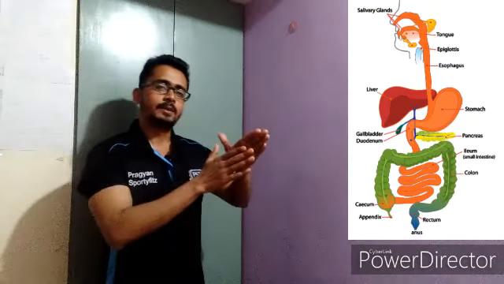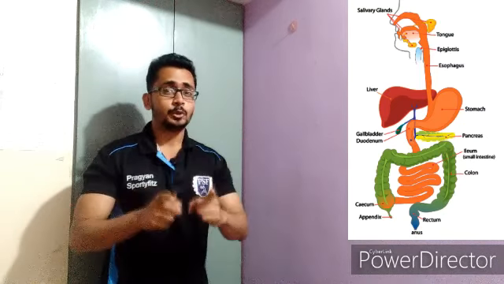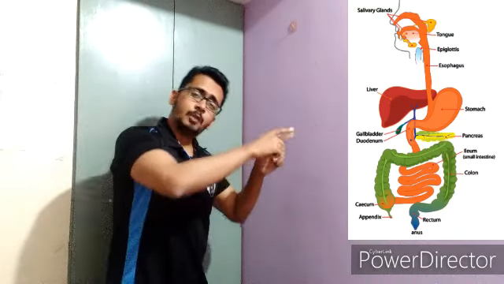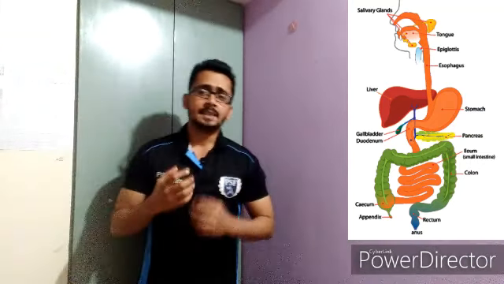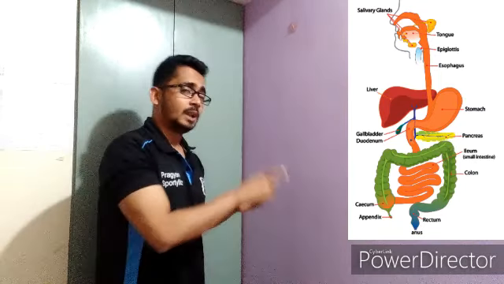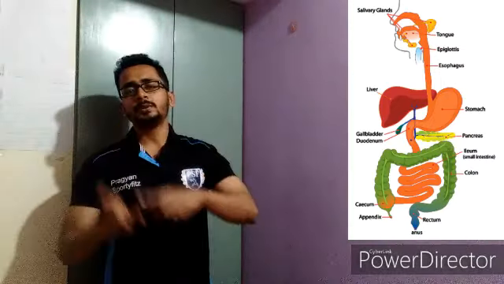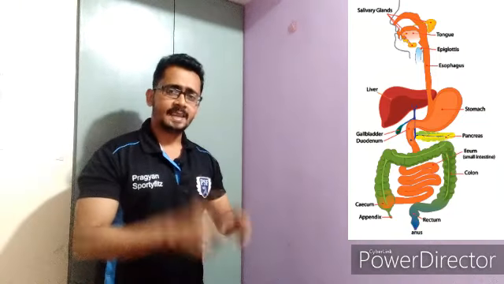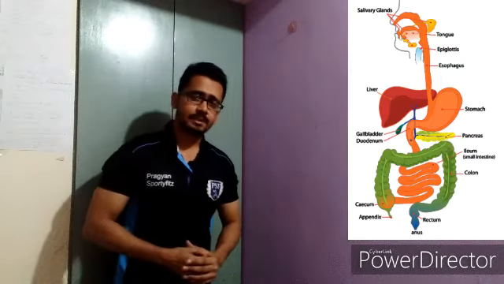That chyme is transferred from the stomach to the small intestine through the duodenum, and then the small intestine absorbs all the nutrients that the food has. Then the food goes from the small intestine to the large intestine or colon. The colon absorbs the water from that food and then moves it to the rectum and then the anus, and then it's waste. So this is all about our digestive system.